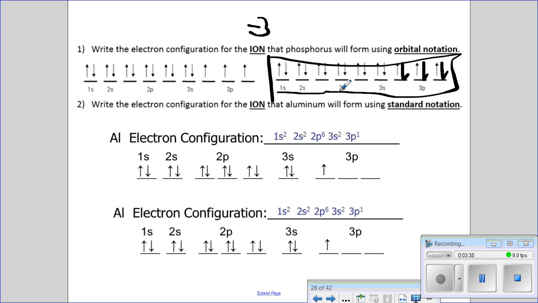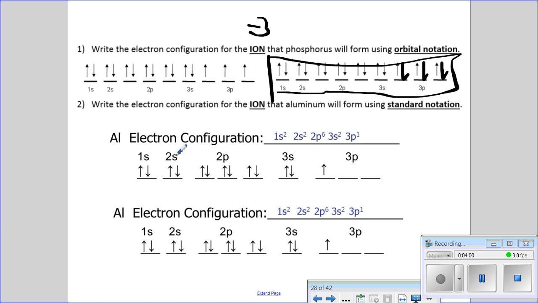Right, next question. Write the electron configuration for the ion that aluminum will form using standard notation. So aluminum's electron configuration in standard notation is 1s2, 2s2, 2p6, 3s2, and 3p1. And it looks like this in terms of its orbital diagram. Okay.